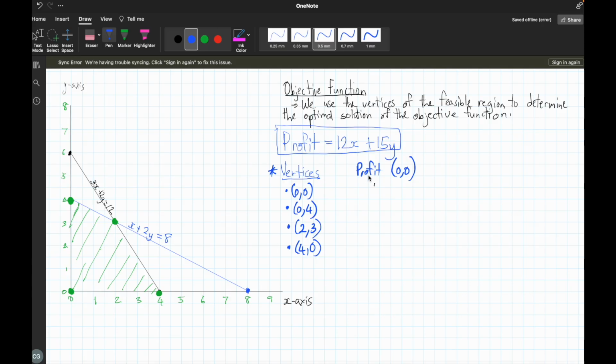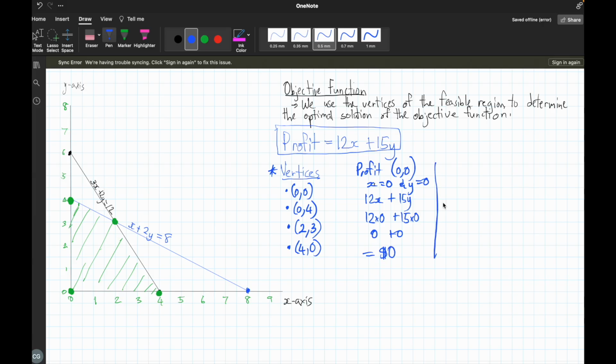So x is equal to 0 and y is equal to 0. Using 12x plus 15y, that's 12 times 0 plus 15 times 0, which is $0.